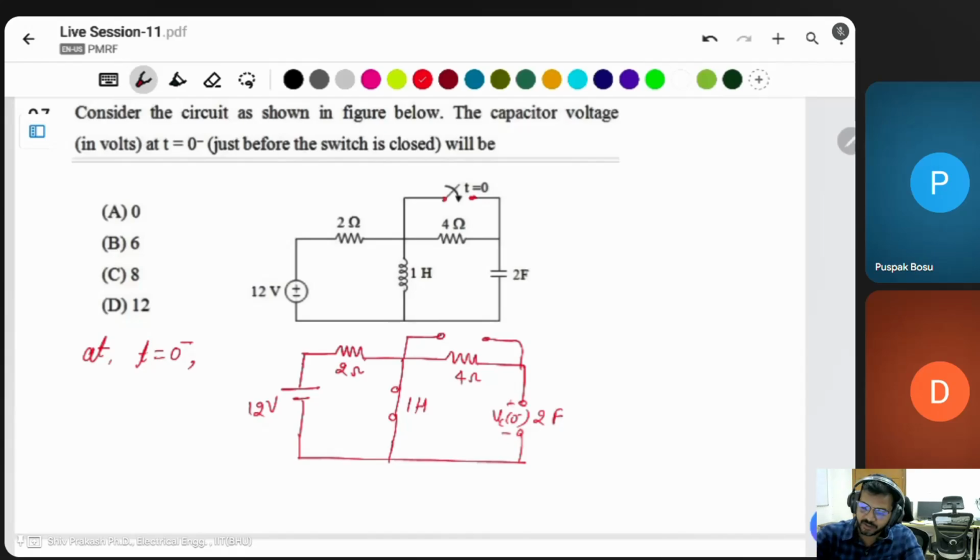What is the voltage across the capacitor? Anyone can guess?